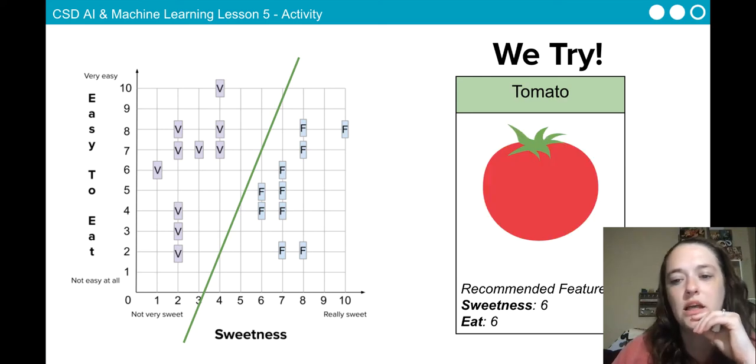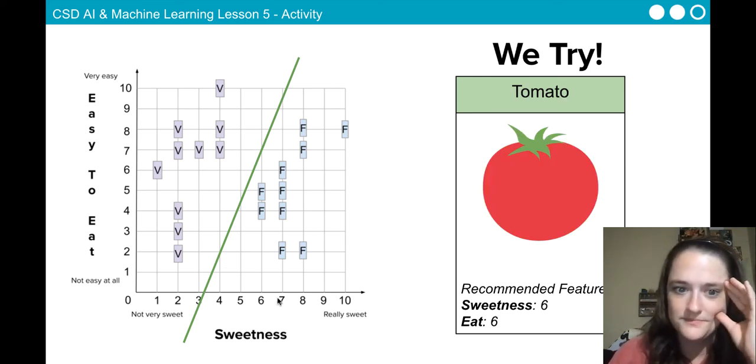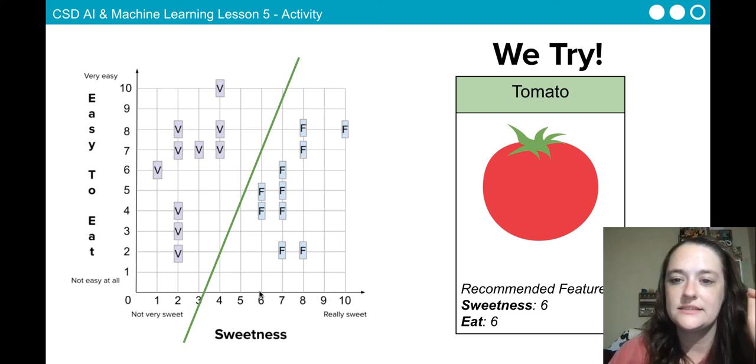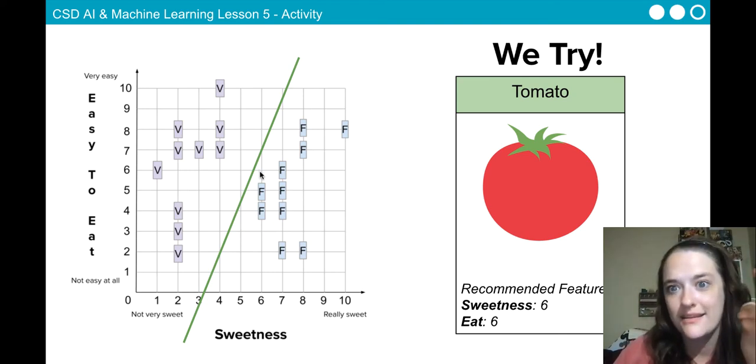Next, we have the tomato. A sweetness of 6. I don't know if I agree with that. And ease of eating, a 6. So that technically puts it on the fruit side. You know the age-old debate, is a tomato a fruit or a vegetable?